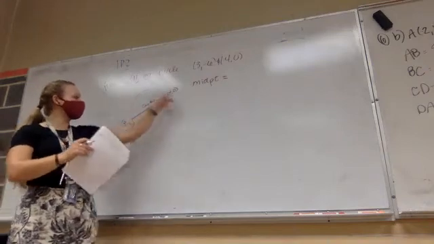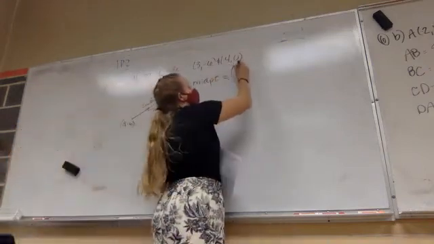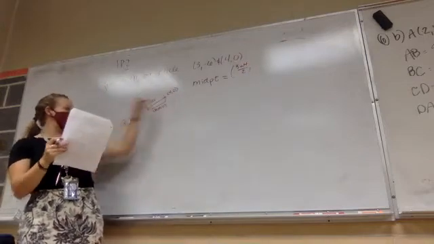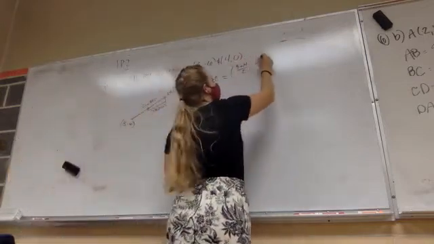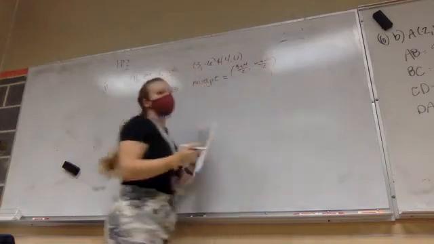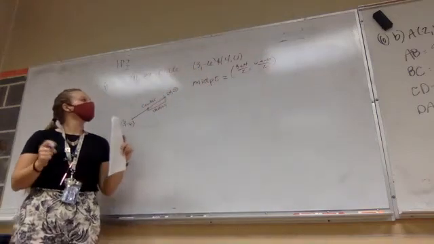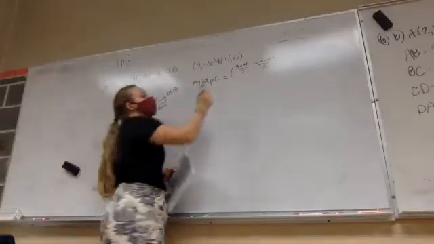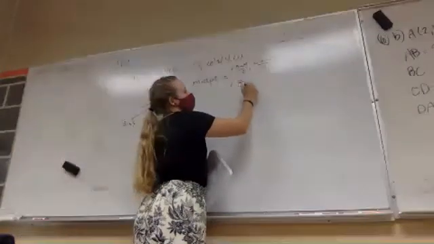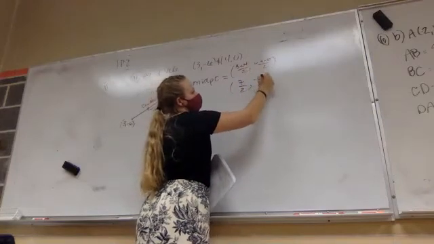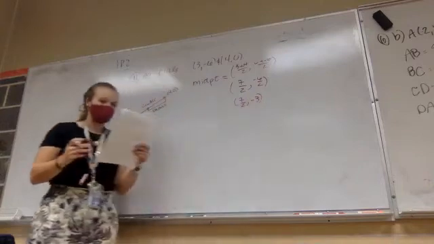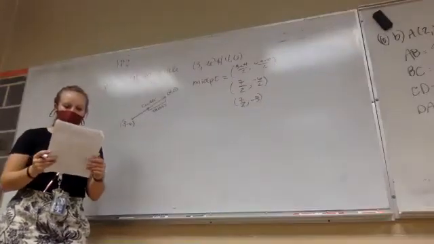So I'm going to do the x's added together, 3 + 4 over 2, comma, the y's added together, 0 + -6 over 2. 7/2, -6/2, 7/2, and -3.